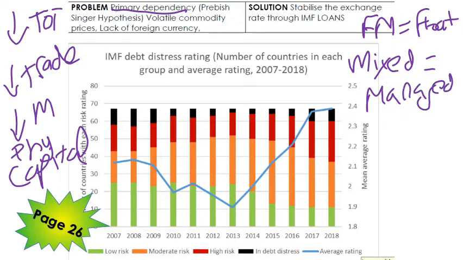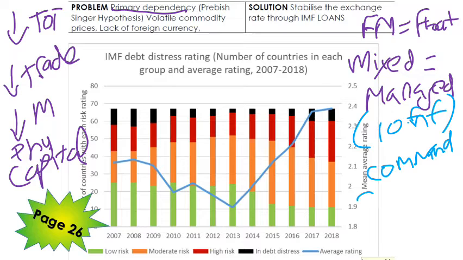So that would be a one-off intervention using IMF money, and if you're going to go completely command economy or significant government intervention, then you would fix it for a period of time.